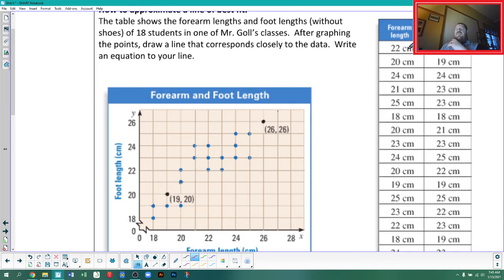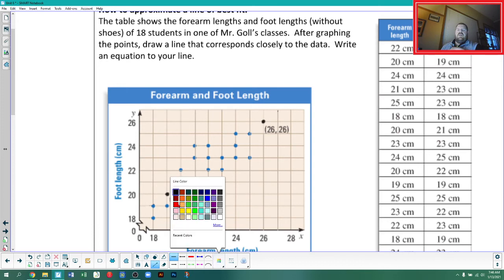The way we're going to do this, the very informal way, it's not the best way, but it is something that works, is to pick 2 points. And this can be a process of guess and check. I'm going to make a red line through this data.